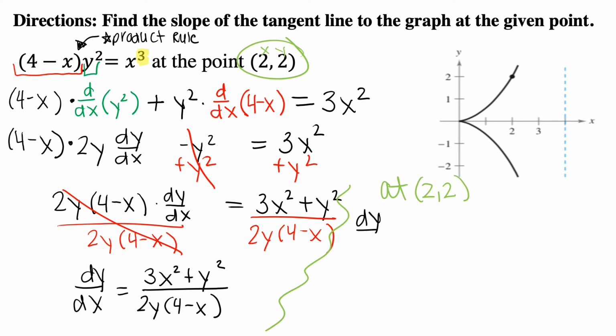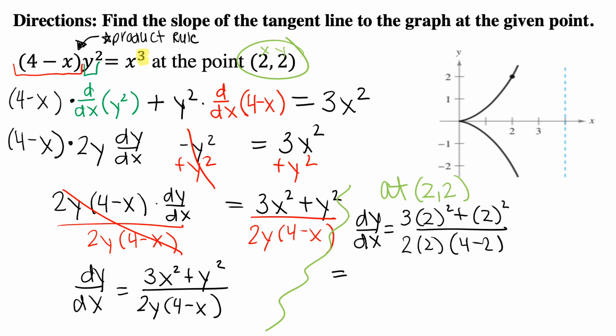Our derivative, dy dx, plugging in, we have 3 times 2 squared plus 2 squared over 2 times 2 times 4 minus 2. This gives us 3 times 4 plus 4 over 4 times 2.